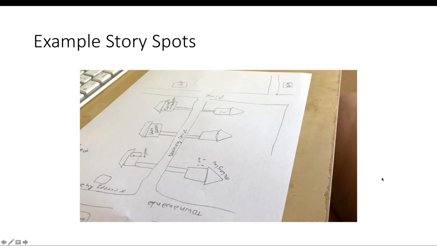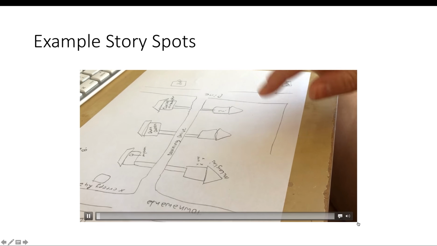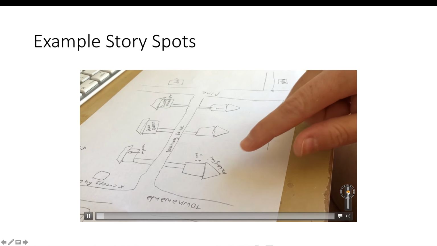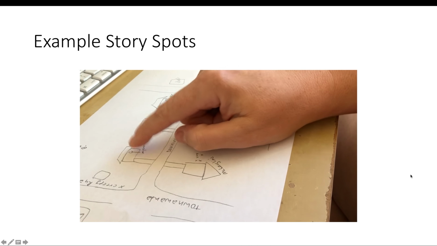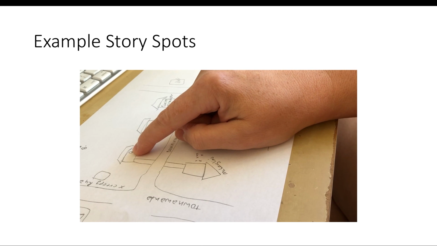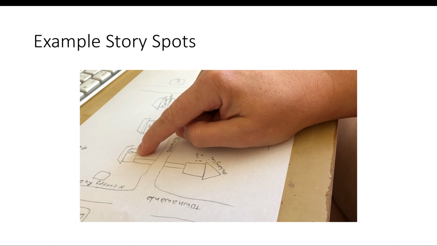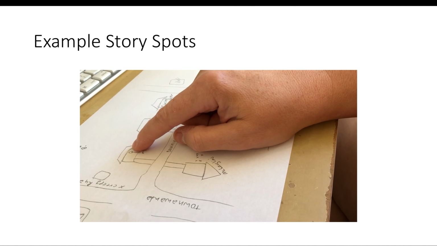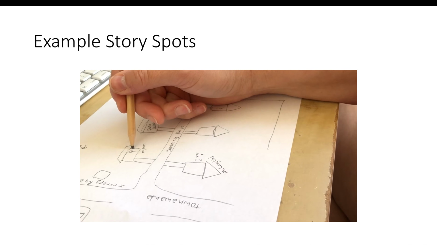Okay. Now, here are some examples of some story spots that I have. So I'll just talk about a couple of these points. So my room was in the front of the house and only had the one window. My sister's room was the room on the corner, so she actually had two windows, one on each side of the wall.